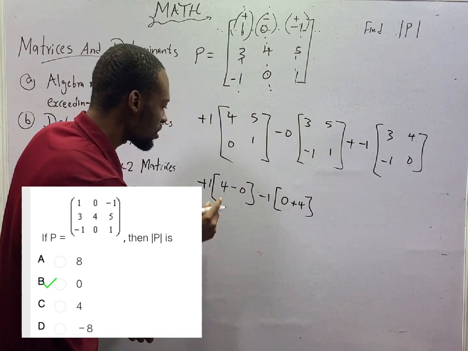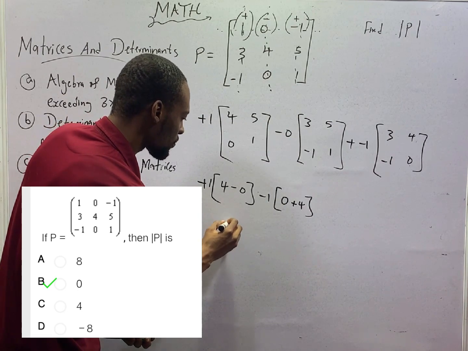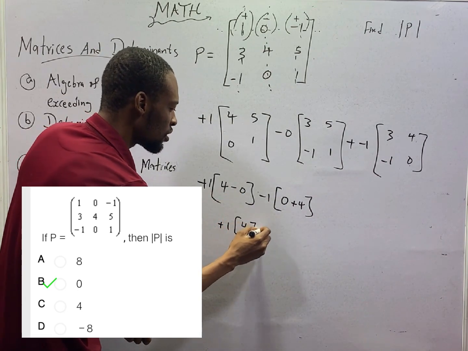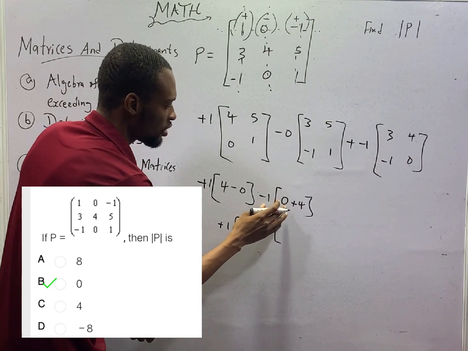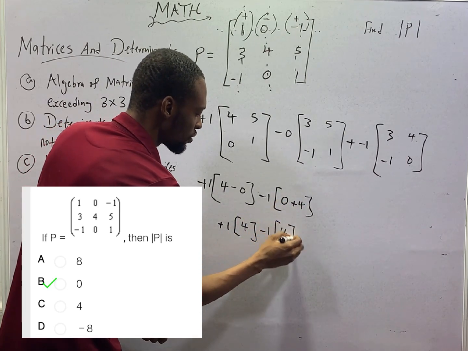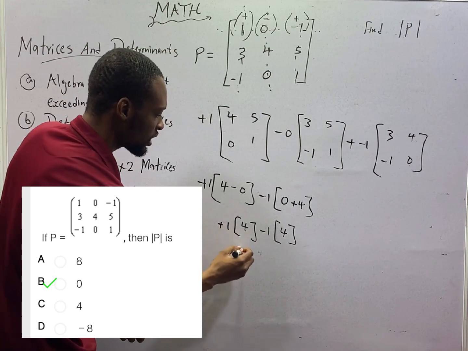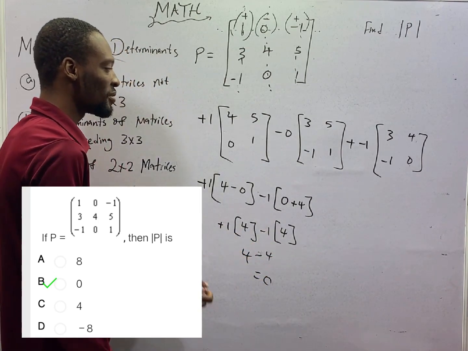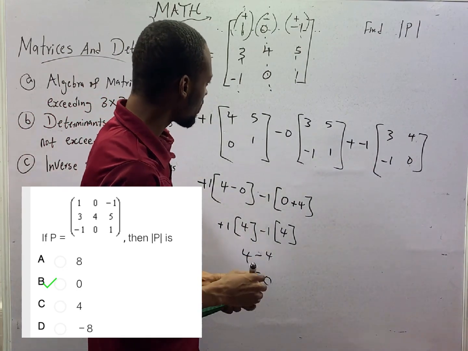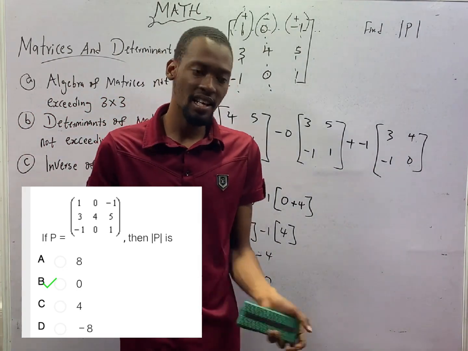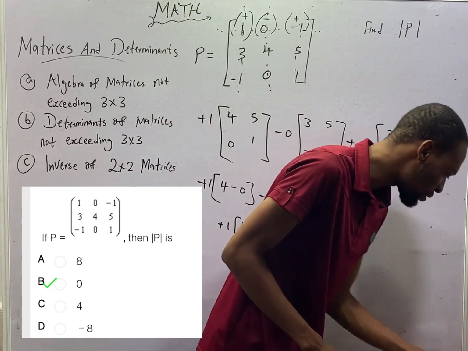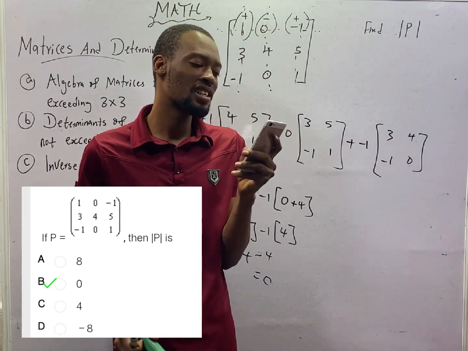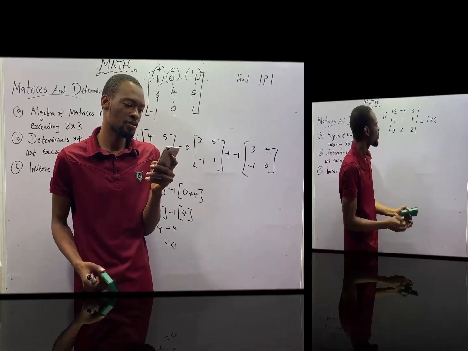This will simply be plus 1, 4 minus 0 is 4, minus 1, 0 plus 4 is 4. This is 1 times 4, 4, minus 1. Everything here is actually 0. That is what I got. Let's see if I am correct, and let's see if 0 is in the options. 0 is in the options, so option B is the correct option.